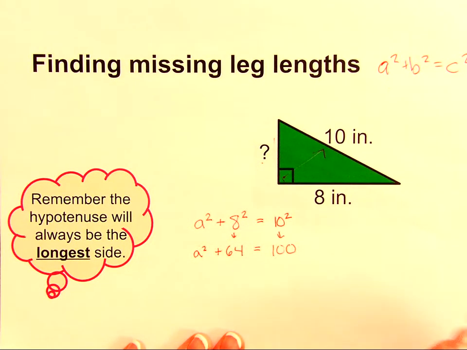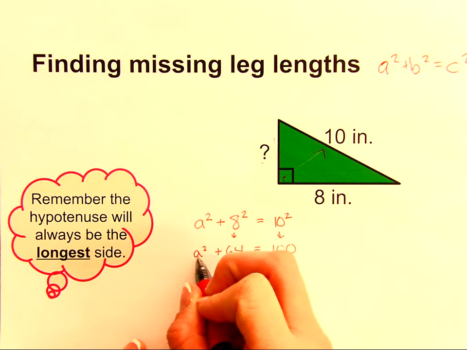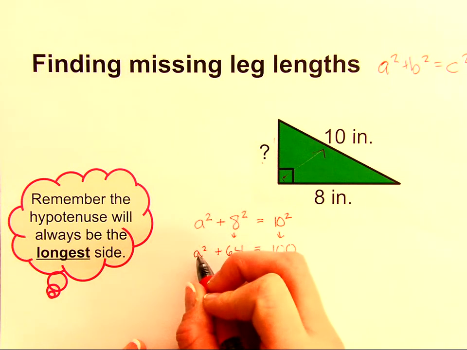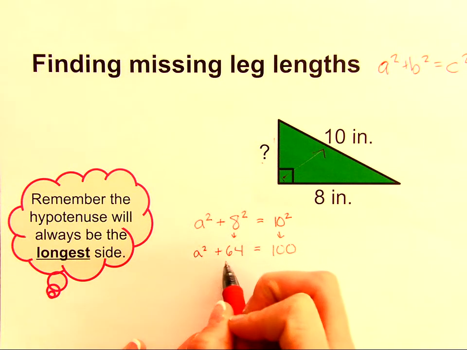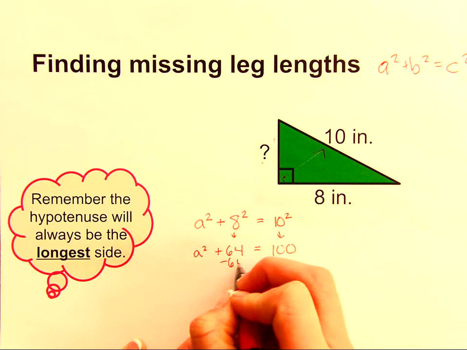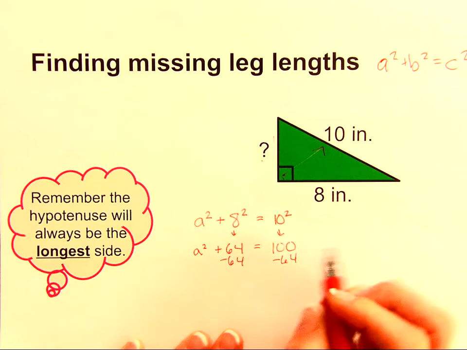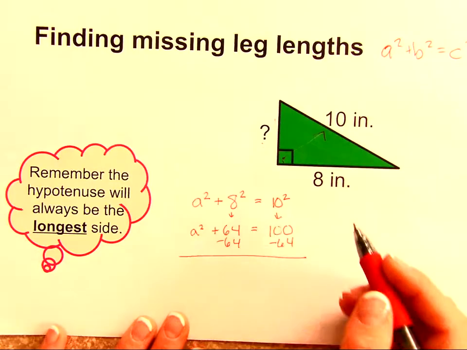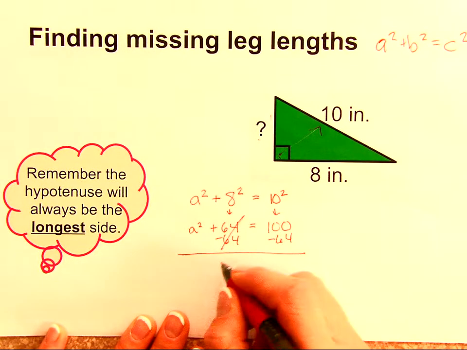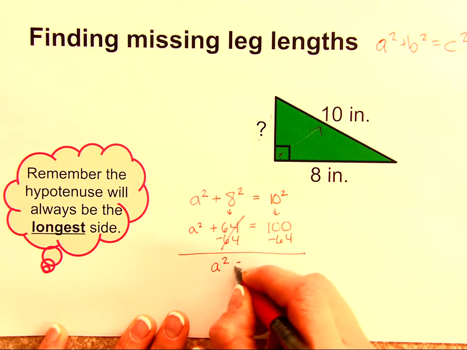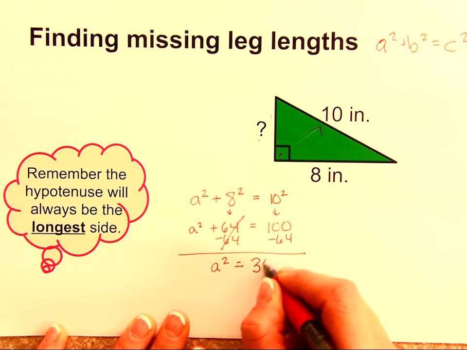Now we are going to solve for a, which means I need to get a alone. So I need to get rid of the 64, so I'm going to subtract that from both sides. 64 cancels out, leaves you with a squared is equal to 36.